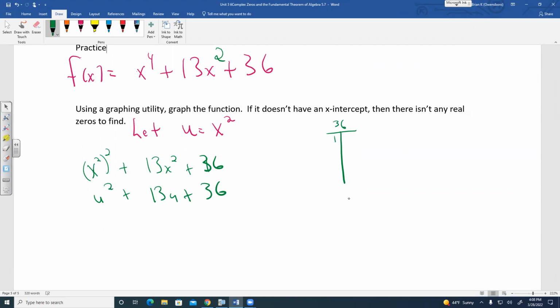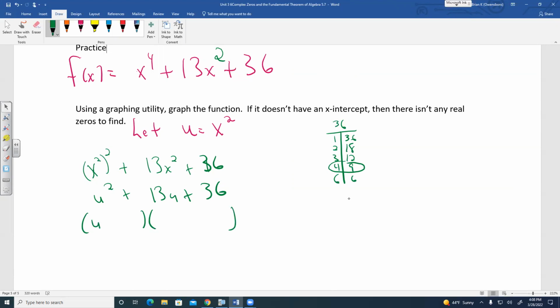So we have 1 and 36, 2 and 18, 3 and 12, 4 and 9, 5 doesn't work, 6 and 6. Errors repeat. 4 and 9 actually do work here for us. That does give me a 13. So this actually turns into a factorization. So I got ahead of myself there. That's kind of nice.